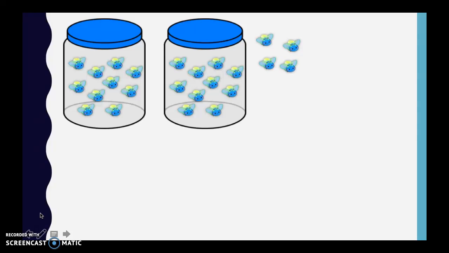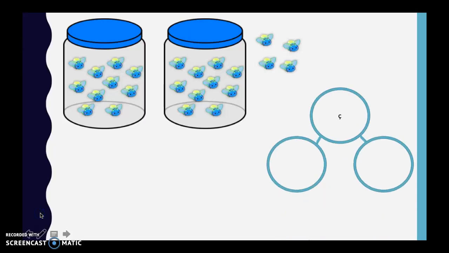All right, perfect. Well, let's fill in a number bond. I have 2 jars of 10, or 2 groups of 10. If I count by tens 2 times, I would have 10, 20. So one of the parts of my number bond is going to be 20, because I have 2 groups of 10, and 2 groups of 10 is 20.